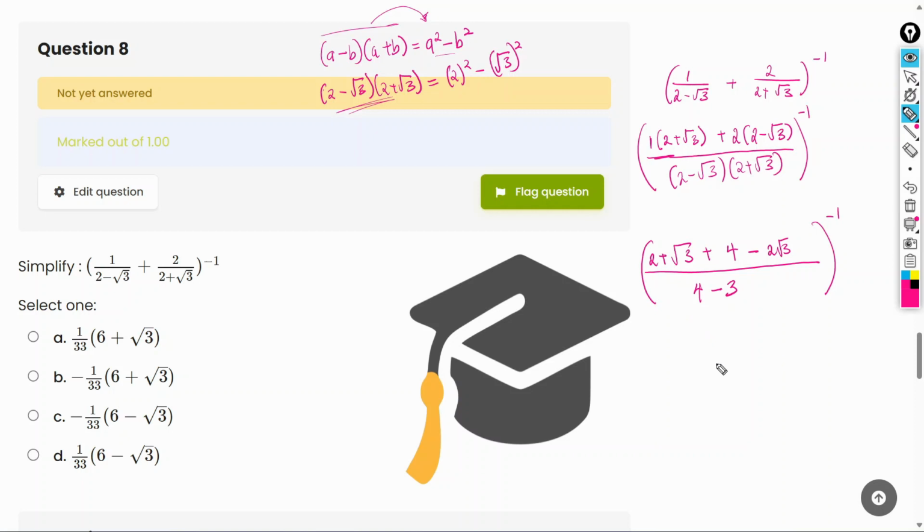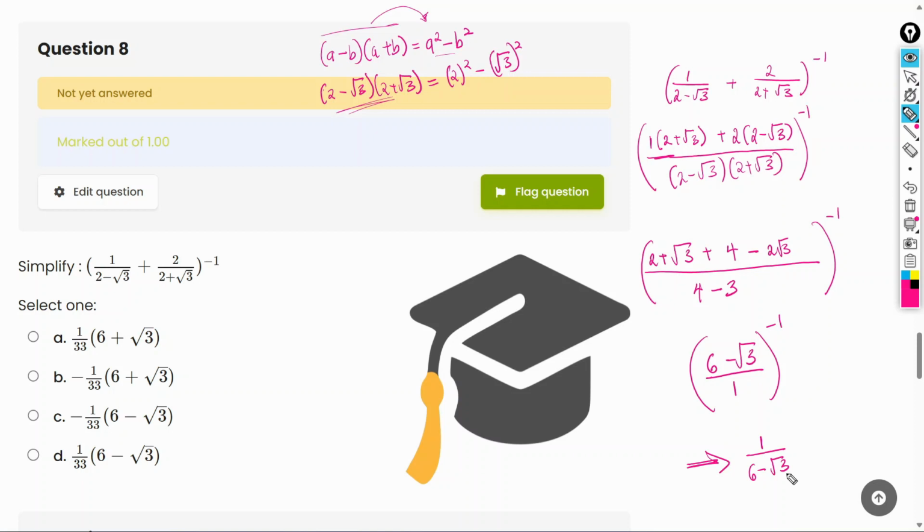So my top would become 6 minus root 3 over 1, raised to the power of negative 1. If you're familiar with surds and the laws of indices, you will realize that this negative 1 just means you should flip. So this will just be 1 over 6 minus root 3. So that's what we have.